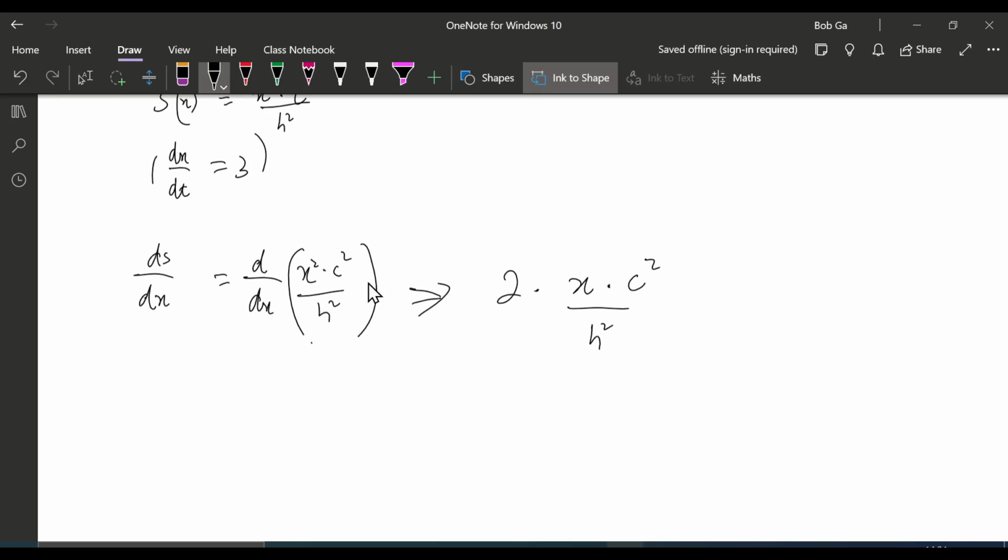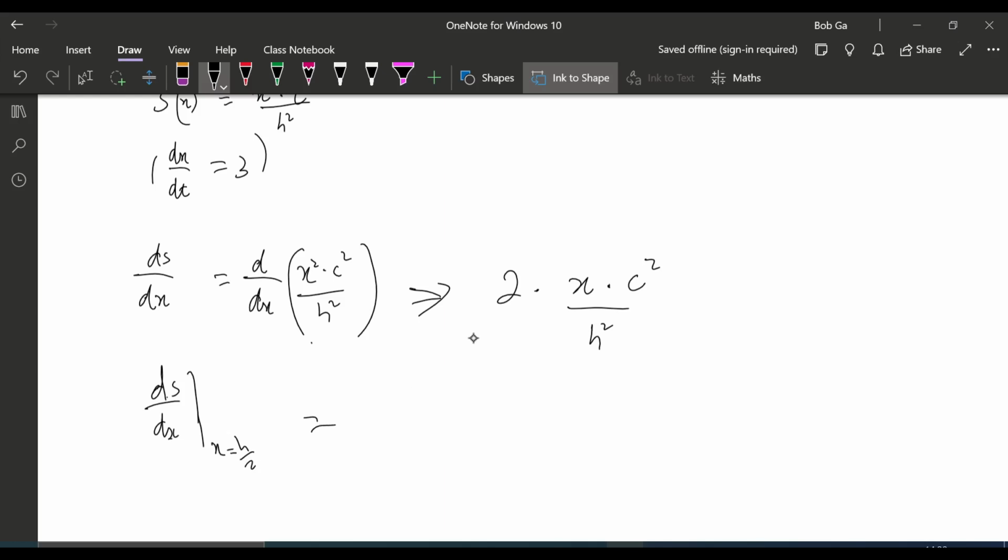Let's find now the rate of change at this point where x is half the height of the pyramid. So let's look for ds over dx at the point where x is equal to h over 2, the perpendicular distance.